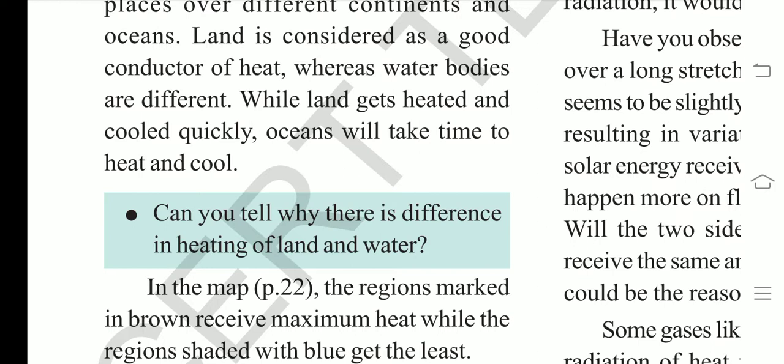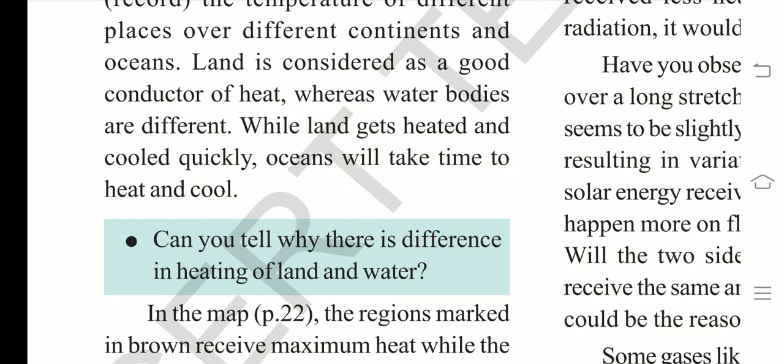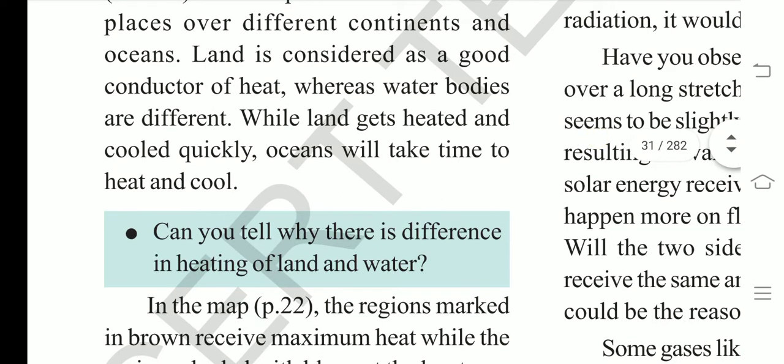This is a point you know well, that water bodies constitute 71 percent of the Earth's surface, right? And the remaining 29 percent of the Earth's surface is covered with land.